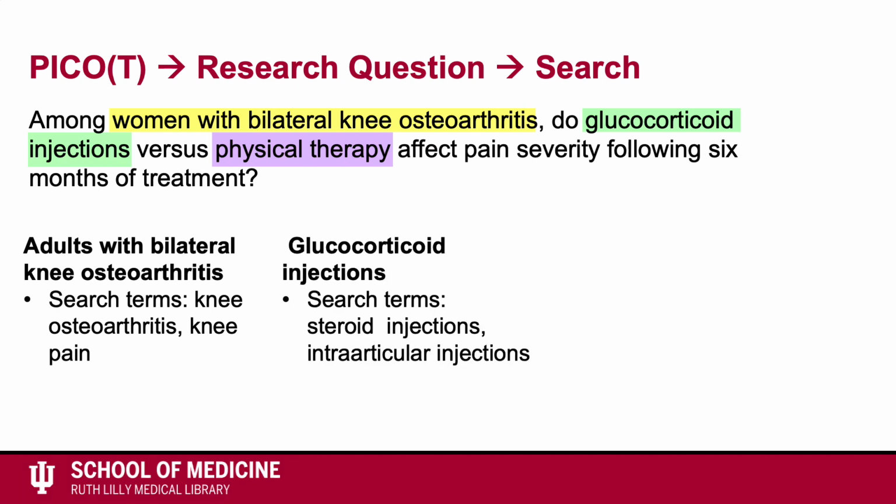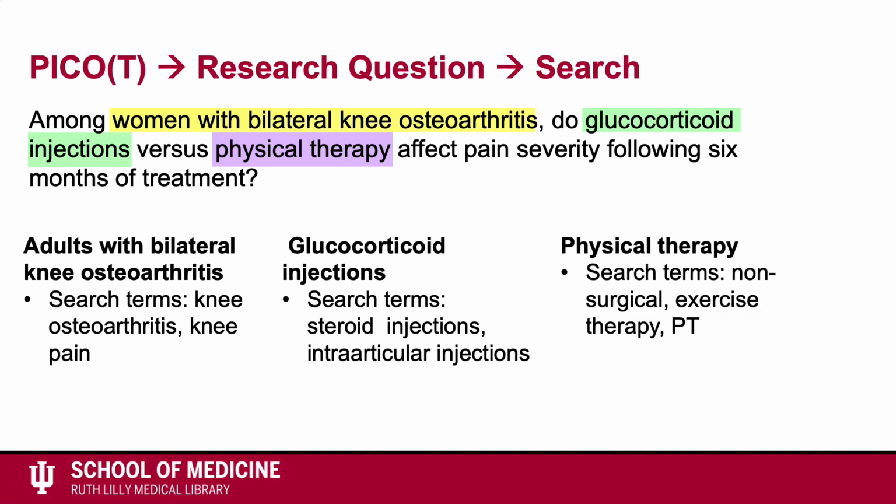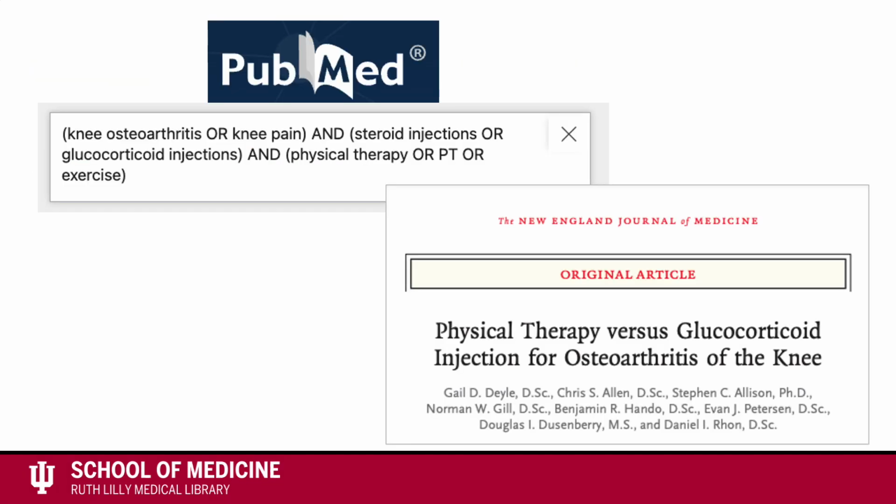Again, we can do that with the steroid injections and physical therapy. We're going to cover how to search effectively using PubMed in another video, but here is how I took the keywords I came up with just now to search on each of my concepts to find relevant information.